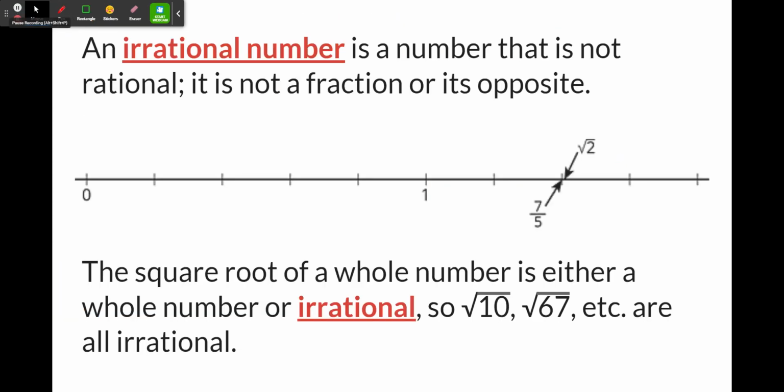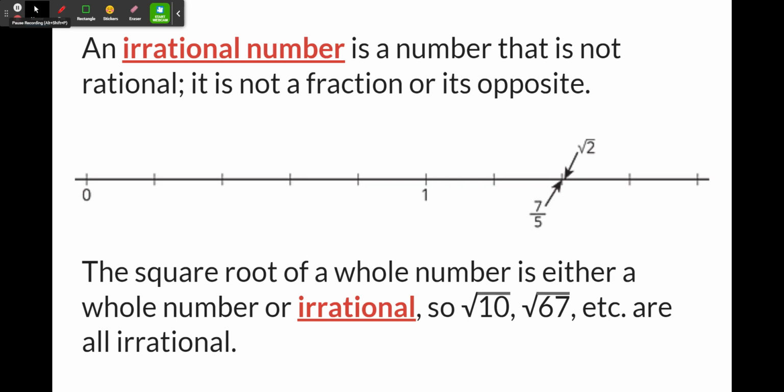An irrational number is a number that is not rational, obviously. It is not a fraction or its opposite. The square root of a whole number is either a whole number or irrational. So the square root of 10, the square root of 67, etc., are all irrational.